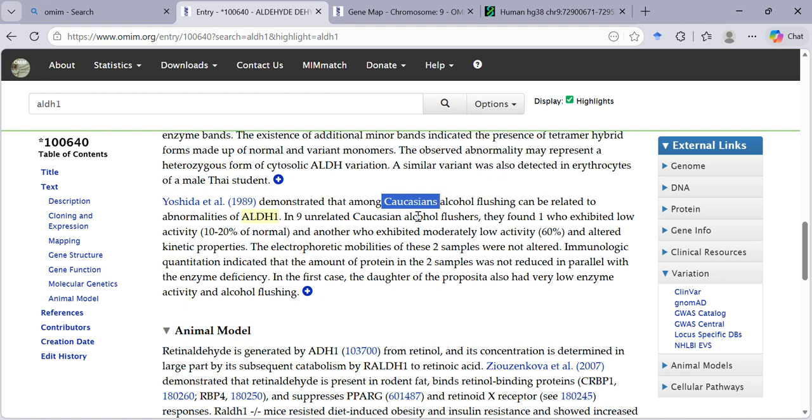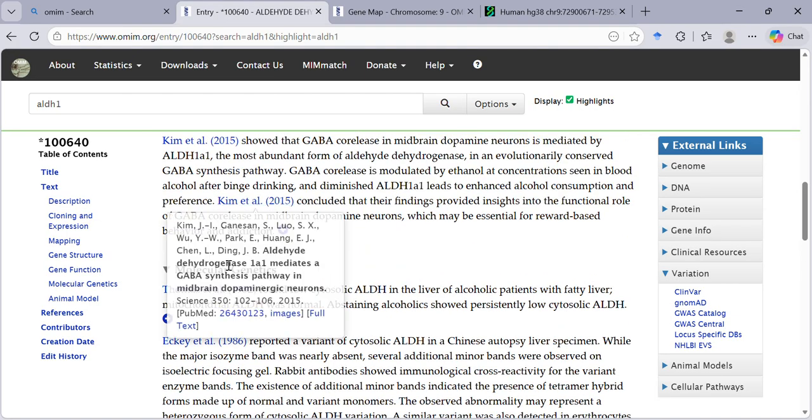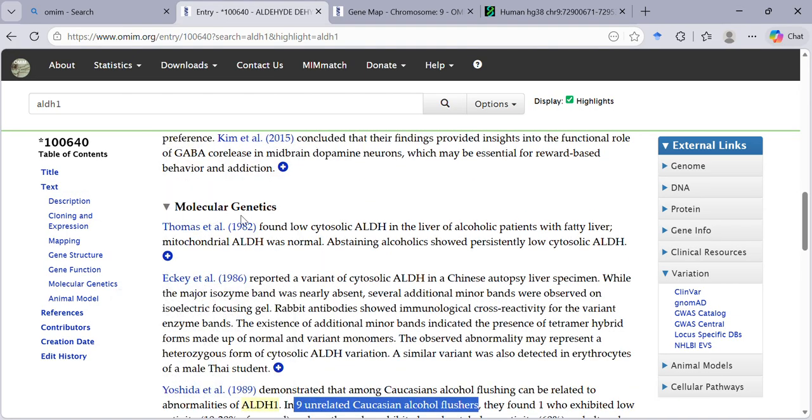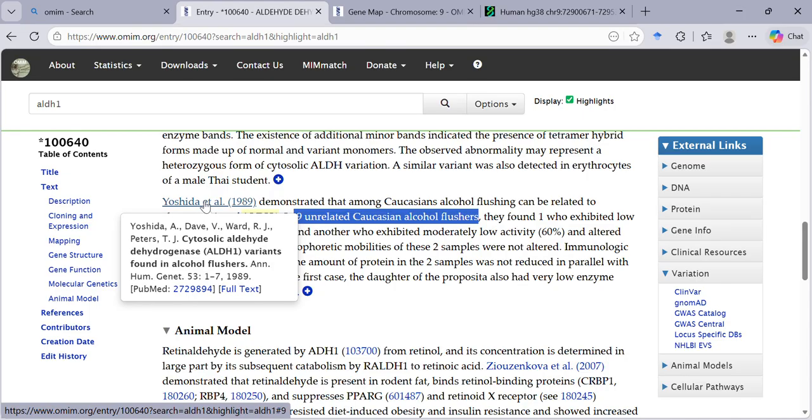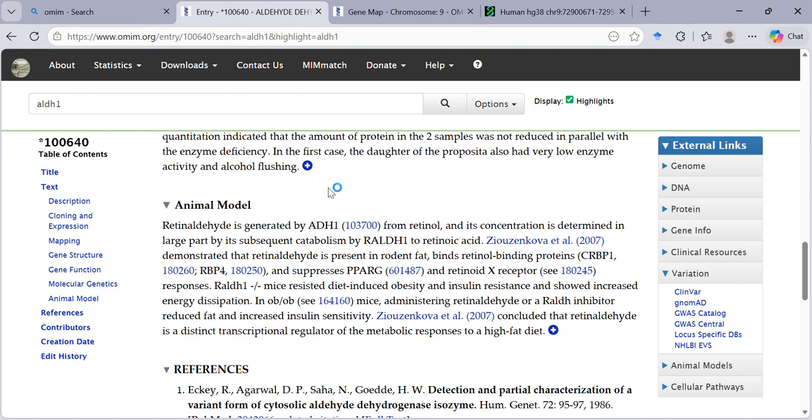So this gene is also known in European families, because they mentioned abnormalities in nine unrelated Caucasian alcoholics, nine different families. They found this mutation causing the syndrome. So whatever is mentioned in this molecular genetics is directly related to your thesis, and you must mention it in the thesis along with the references already given, the same references.